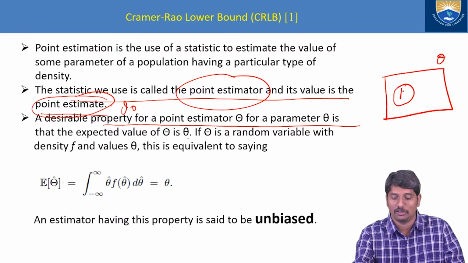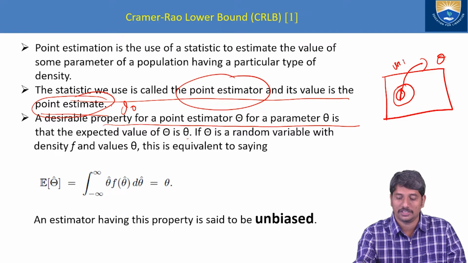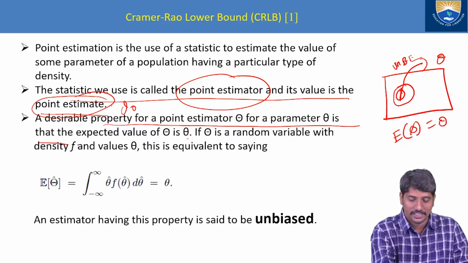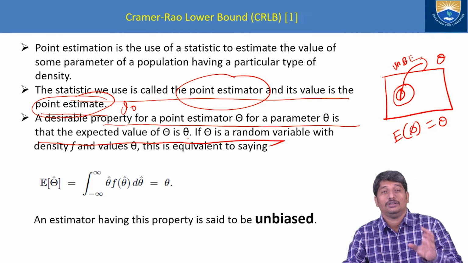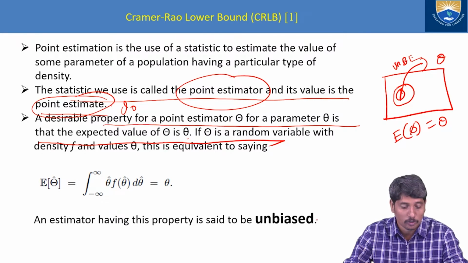Now we call phi an unbiased estimator of theta if the expectation of phi is equal to theta. That's what is being said here, that the expected value of phi is theta. Then this phi becomes the unbiased estimator of theta, which is a required and a very important quality of an estimator while estimating the parameter.